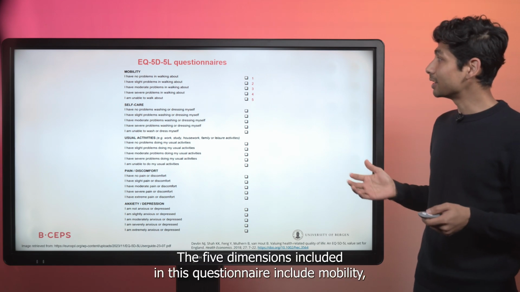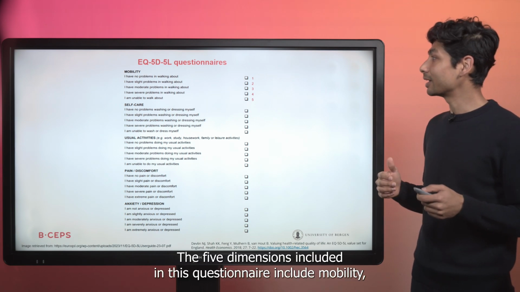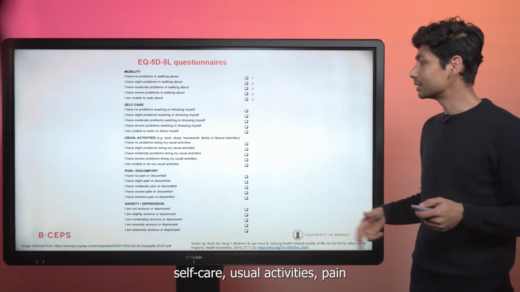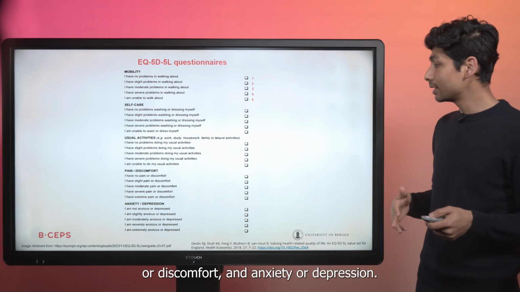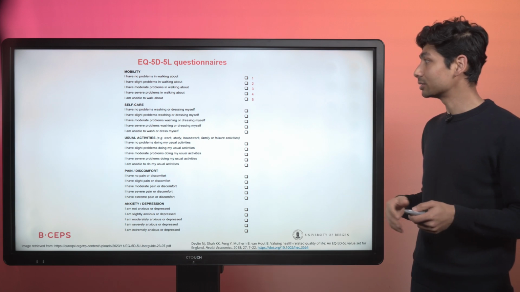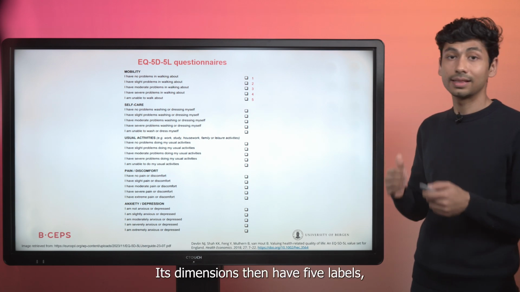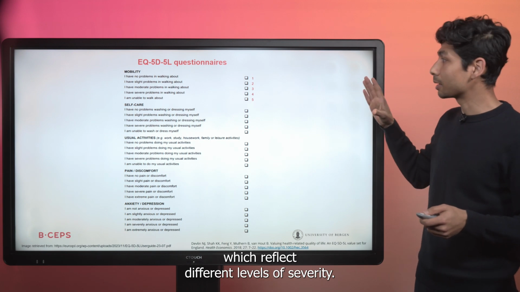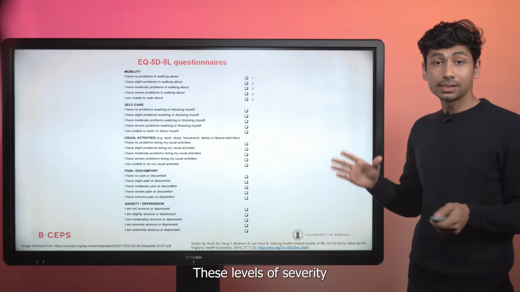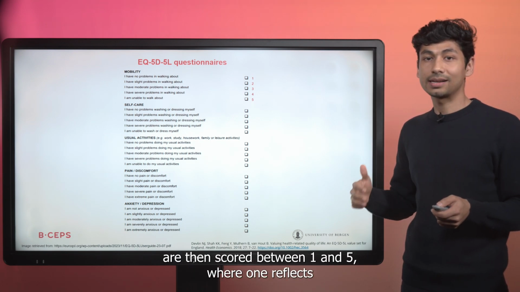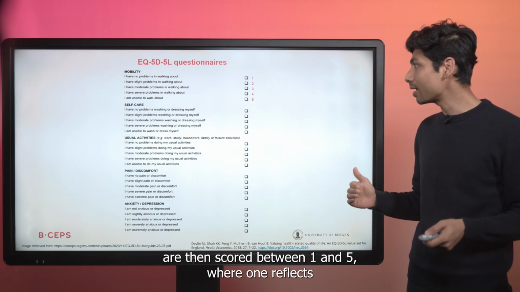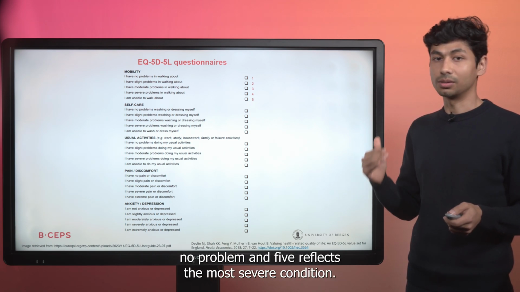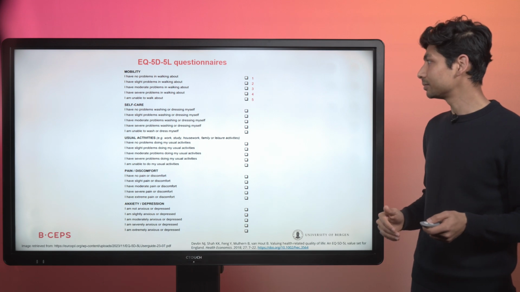The 5 dimensions included in this questionnaire are mobility, self-care, usual activities, pain or discomfort, and anxiety or depression. Each dimension then has 5 labels which reflect different levels of severity. These levels of severity are then scored between 1 and 5, where 1 reflects no problem and 5 reflects the most severe condition.